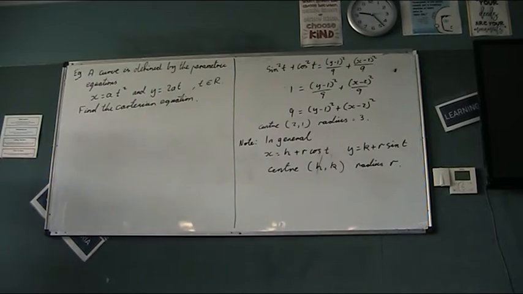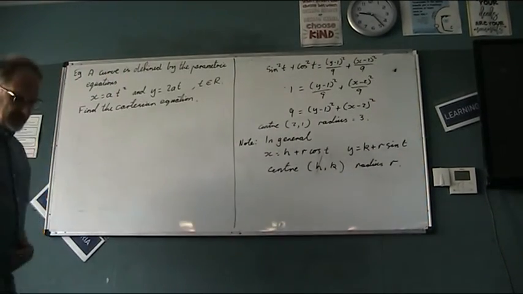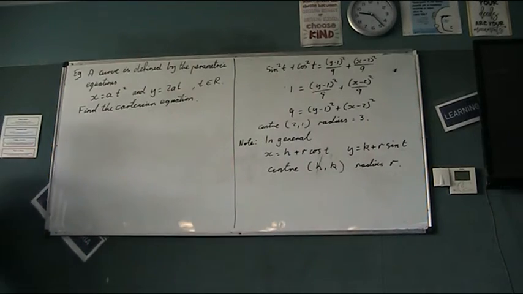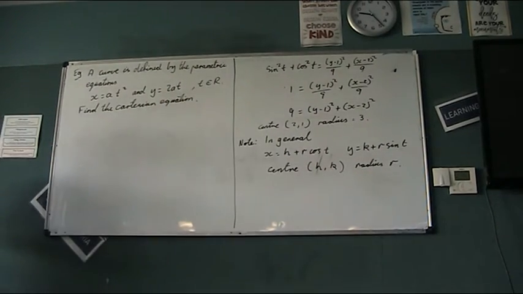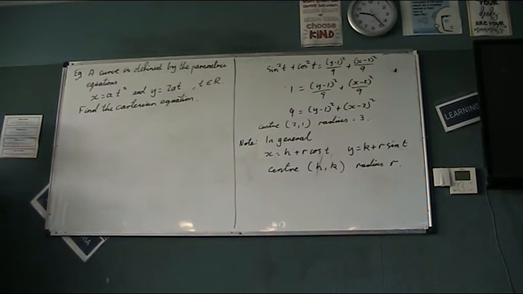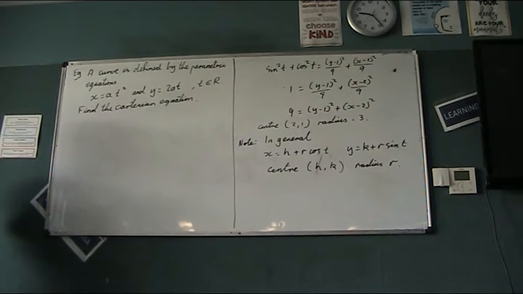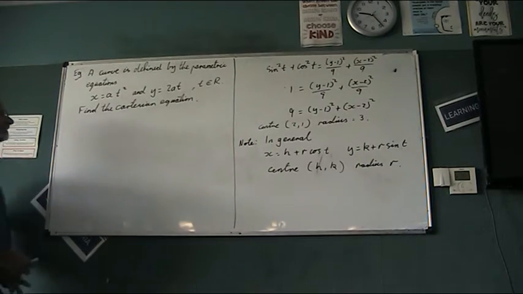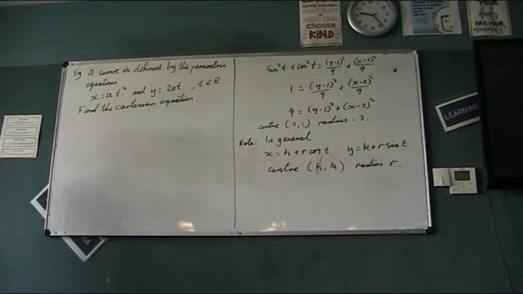Again you can have some sort of random parametric equations. So again we've got t's in there, t is our parameter. We need to eliminate the parameter. So when you look at these, what do you notice? Anything in particular? One's got a t squared, the other's got a t, is what I first noticed.